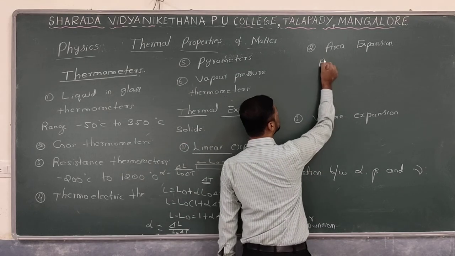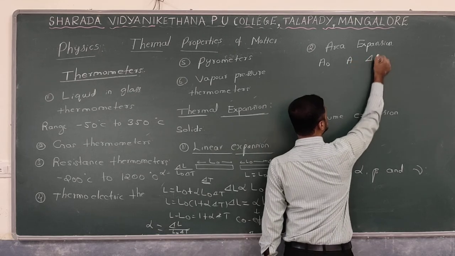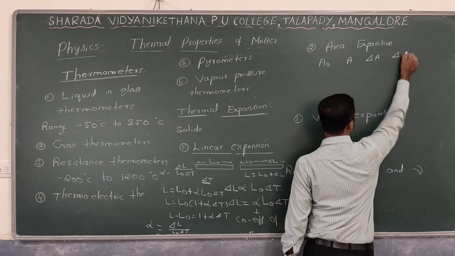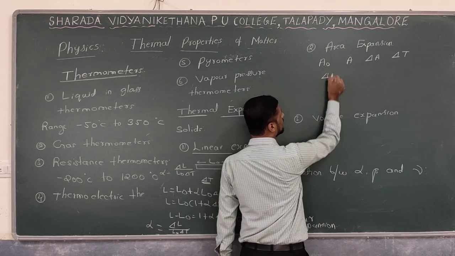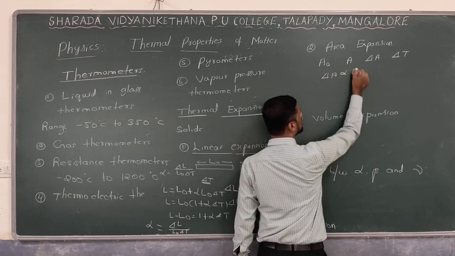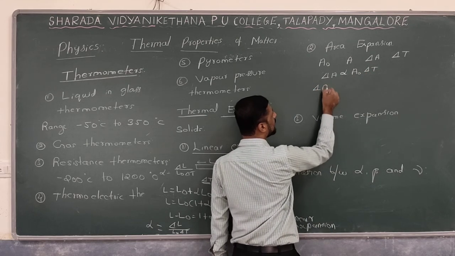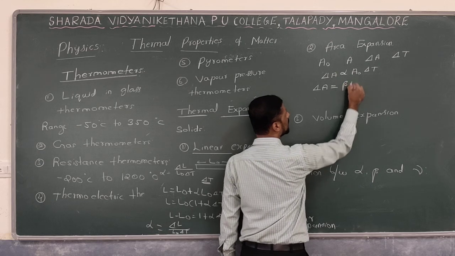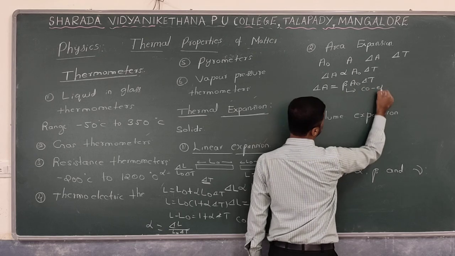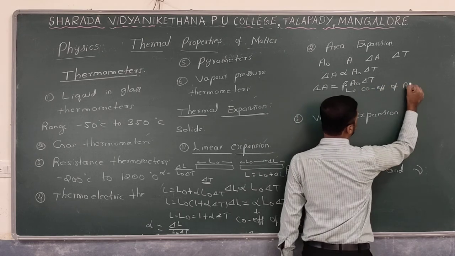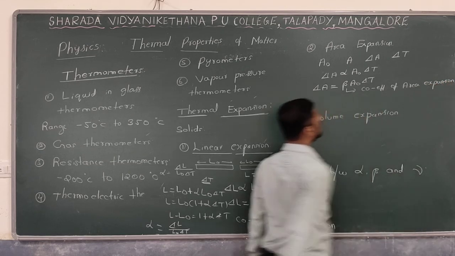For example, if A0 is the original area and A is the final area, and delta A represents the change in area with respect to the change in temperature delta T. Similar to these equations, you can write the change in area delta A is directly proportional to the original area A0 into delta T. Or in terms of a constant, you can write delta A is equal to beta into A0 into delta T, where beta is a constant called the coefficient of area expansion.